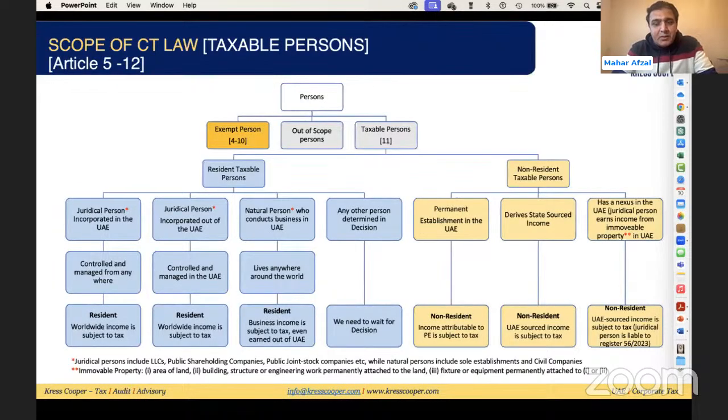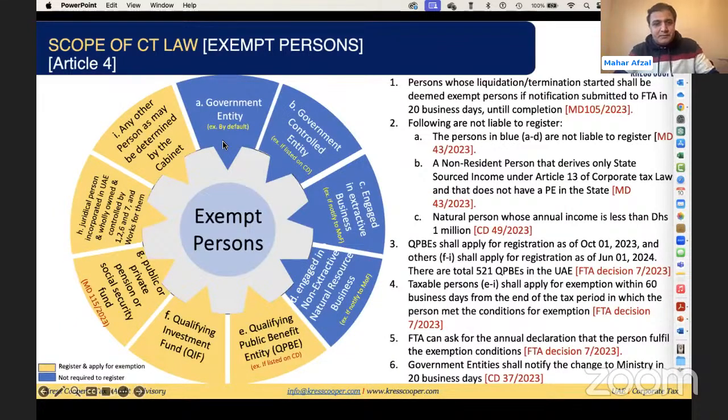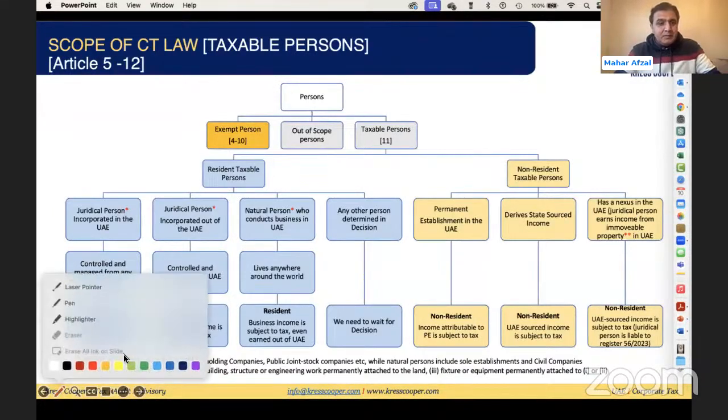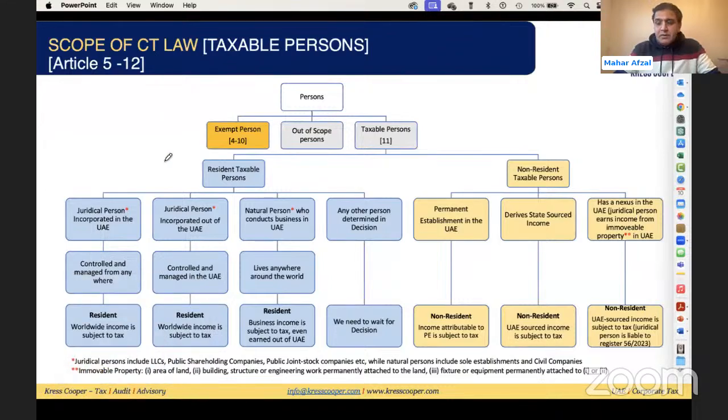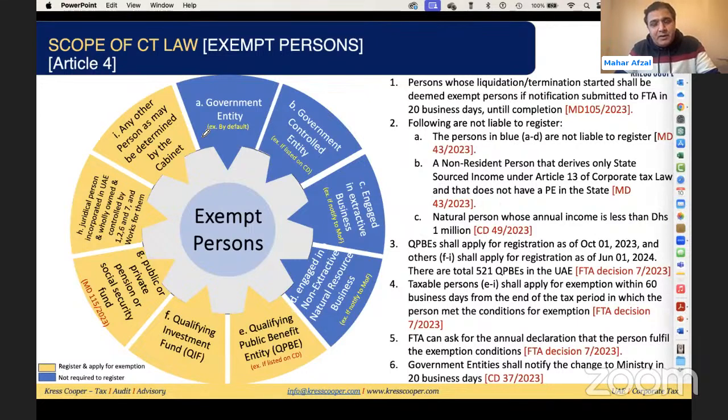As we discussed in the very beginning, going back to the very basics, we discussed exempt persons, out of scope persons, and taxable persons. In these exempt persons, we said there are multiple businesses. These are the 8-9 entities which are exempt from corporate tax.